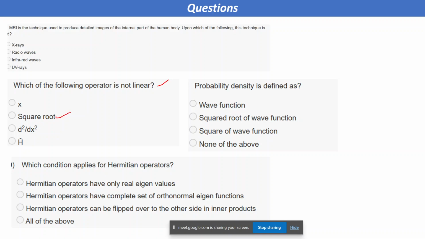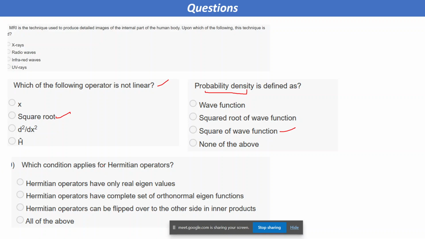The square root. Now next question. Probability density is defined as the wave function, square root of the wave function, square of the wave function, or none of the above. Probability density is the square of the wave function. Correct.